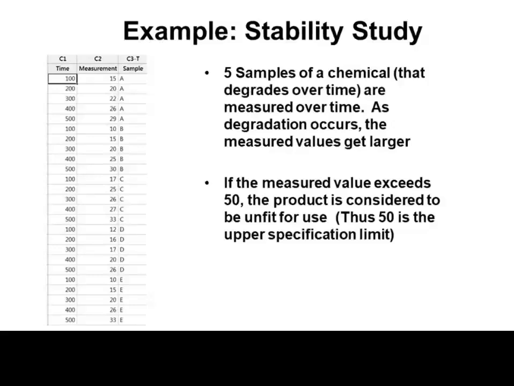And so I'm taking measurements over time, at time 100, 200, 300, 400, 500, and then repeating it for some other samples. So I've got 5 samples. You can see the values are trending upward within the sample. Let's just suppose 50 is considered an upper spec, where I wouldn't want my customer to use the product if this substance is over 50.